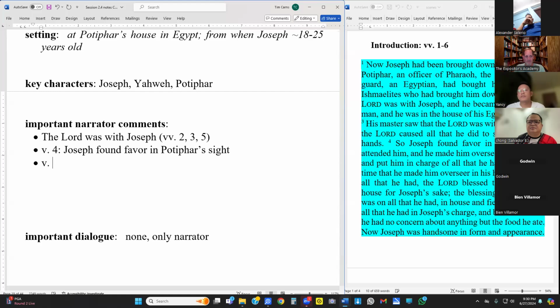And maybe even we could say verse 5, the blessing of the Lord was on all that Potiphar had.